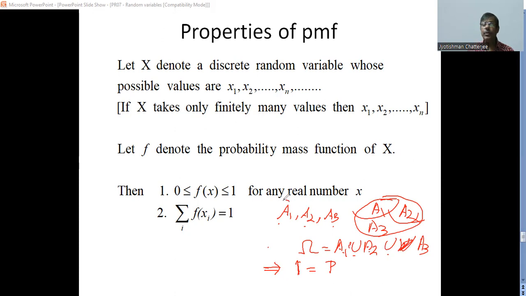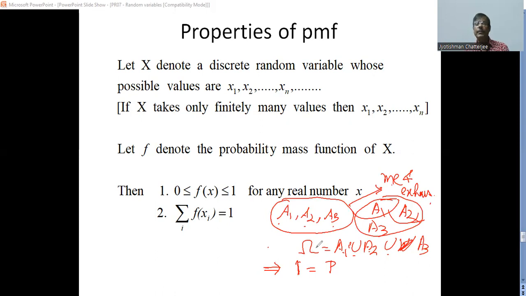Just assume that these three events, A1, A2, and A3, are mutually exclusive and exhaustive. So this is the corresponding diagram, and omega becomes equal to A1 union A2 union A3. Then we can take probabilities on both sides.